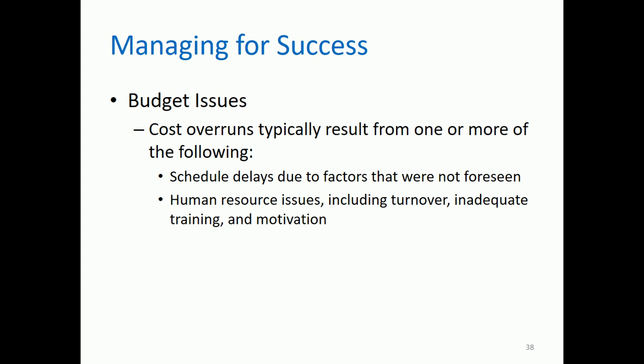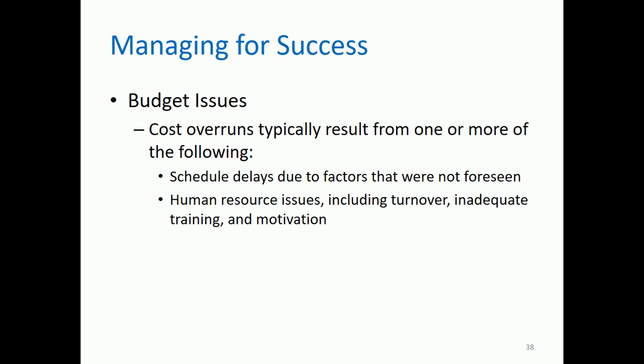And then inadequate training. Of course, if the worker does not have the skills, it will take time for him or her to learn the technicalities and the skills that he or she must possess. And of course, motivation.